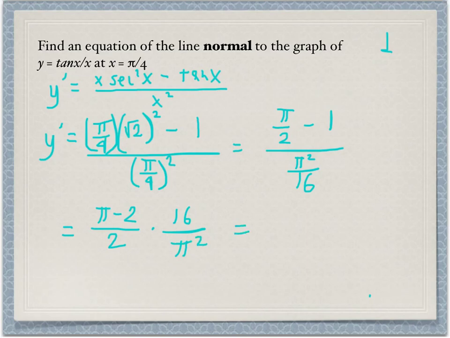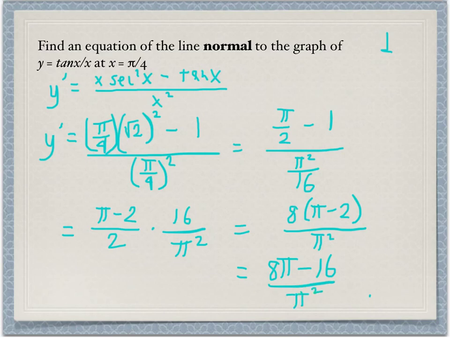So I'm going to end up with 8 times pi minus 2, doing a little canceling there, over pi squared. And I could write that even then as 8 pi minus 16 over pi squared.